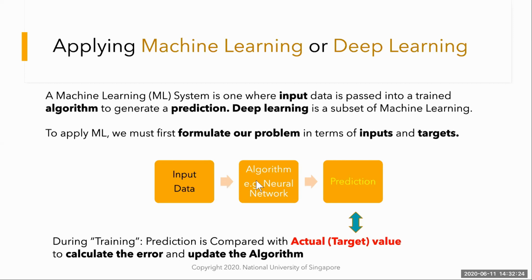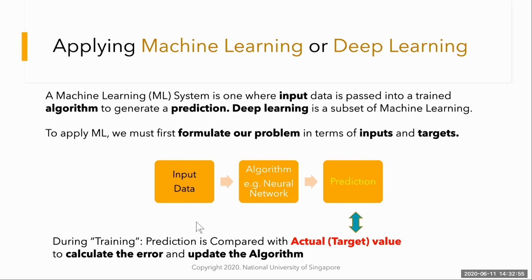Before we even go with the algorithm, we need to define the input data and the target, and then figure out how to massage the data and how to compare with the target. You compare with the target using metrics such as mean square error or accuracy. Deep learning is a subset of machine learning, so this diagram applies to deep learning as well. It's a general purpose formulation. So that's what we will be doing.